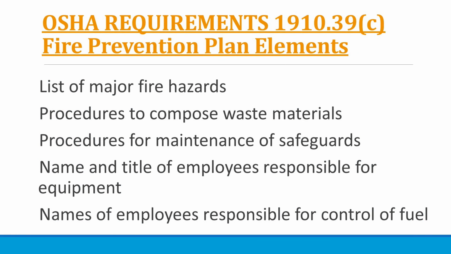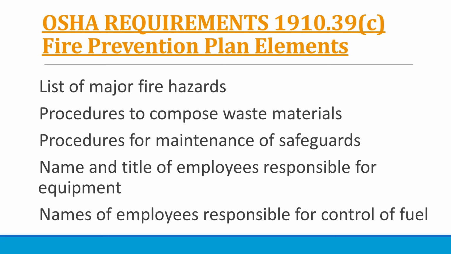So, talking about fire prevention plans, we have a list of major fire hazards. Where are the flammable materials at? Where are the combustible materials at? How do we dispose of waste that is combustible or flammable? How are we going to maintain safeguards so that we don't get these things ignited?